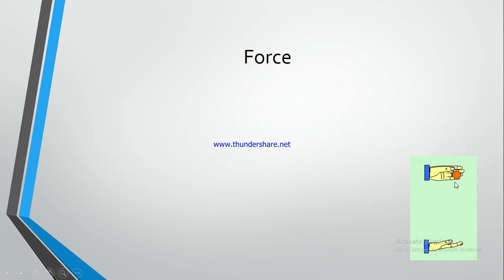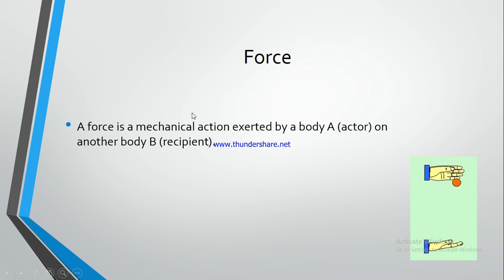For example, if we drop again a ball, it will fall on the second hand. So we can understand that some object exerts a force on the ball that makes it fall downward, which is the earth. So a force is nothing but a mechanical action exerted by one object over another object.